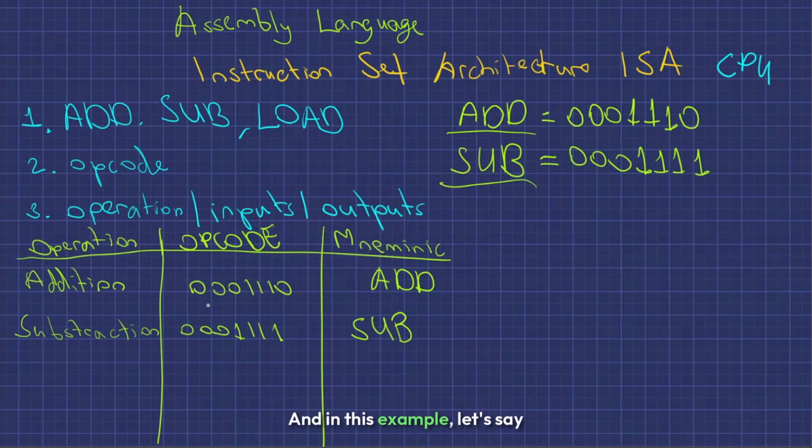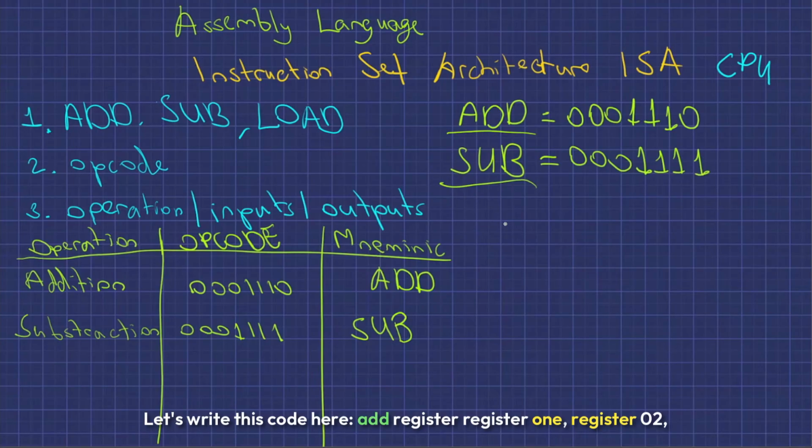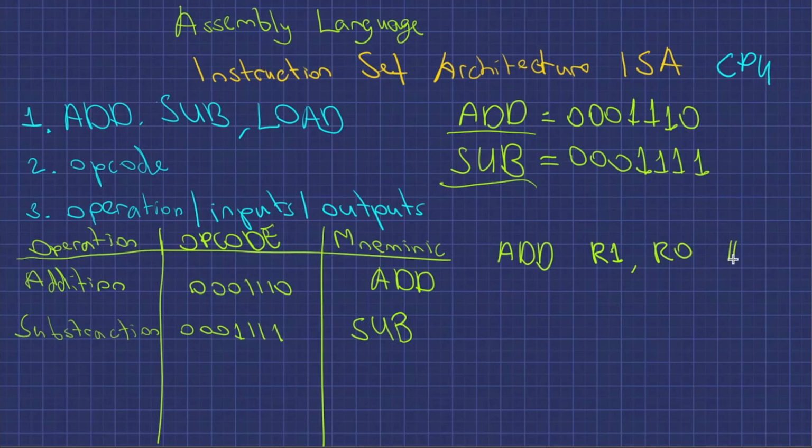In this example, let's write this code here: add register 1, register 0, 2. So register 0 is the source.